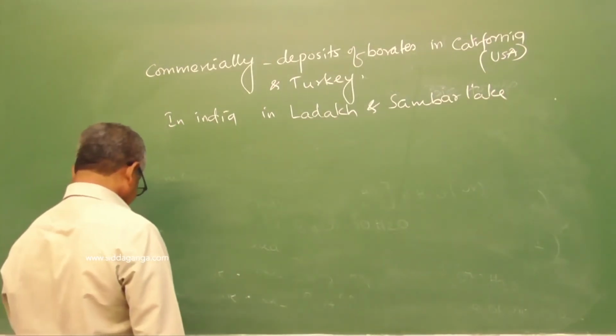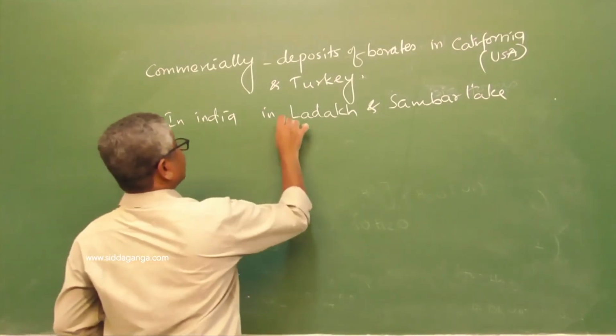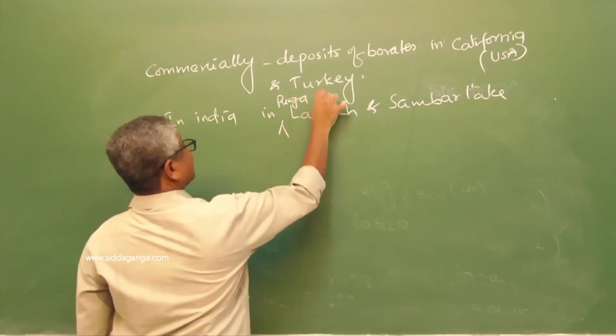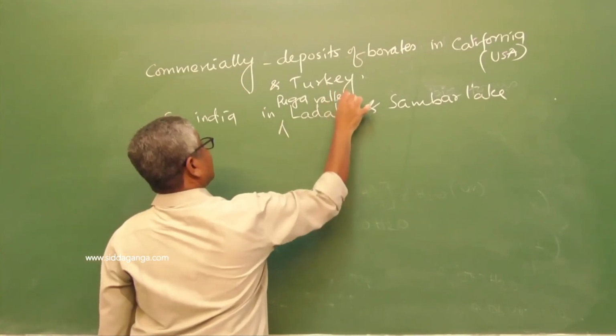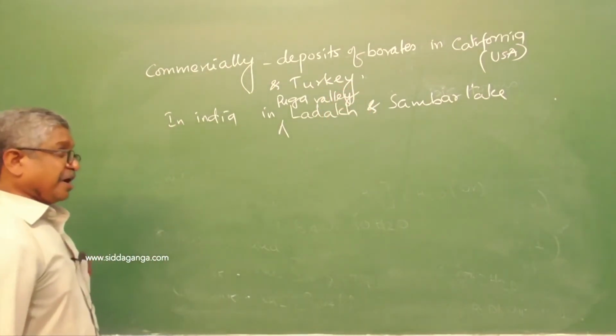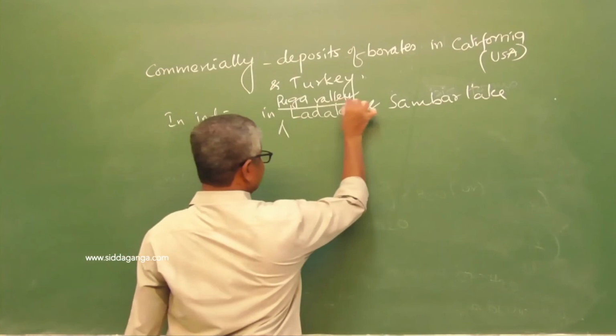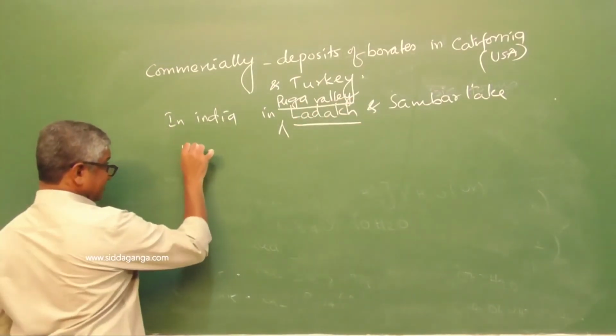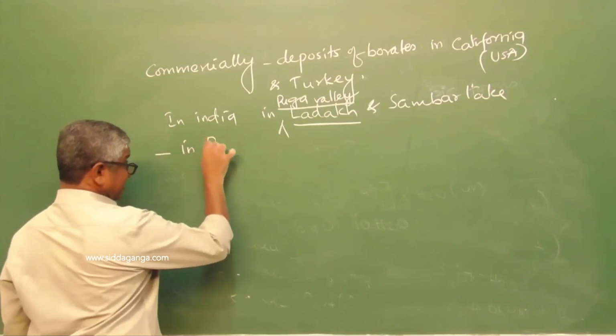Puga Valley in Ladakh, Sambar Lake in Rajasthan.